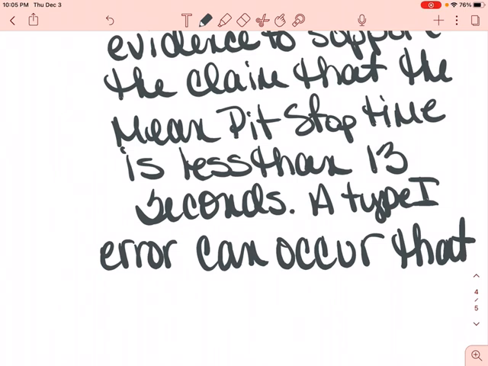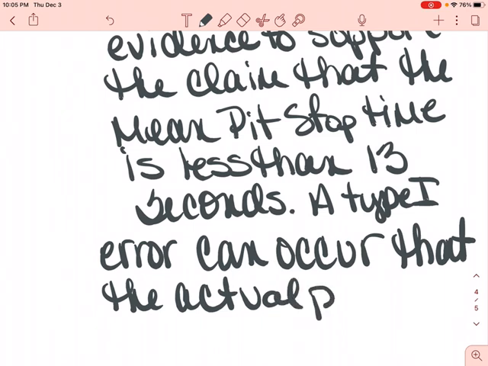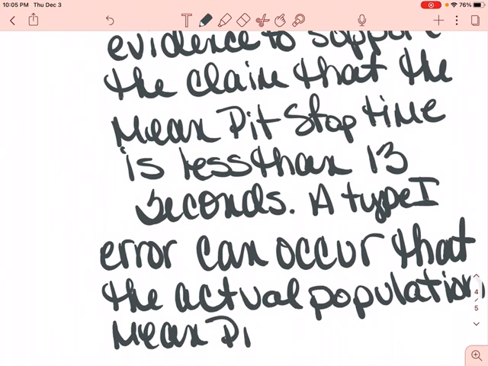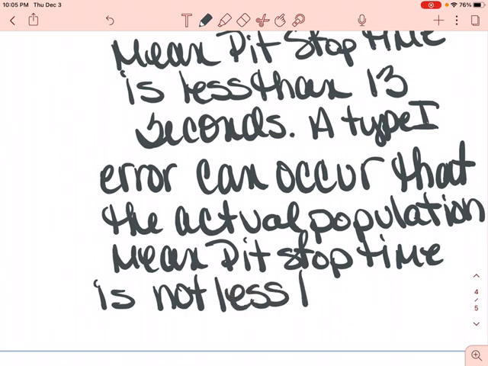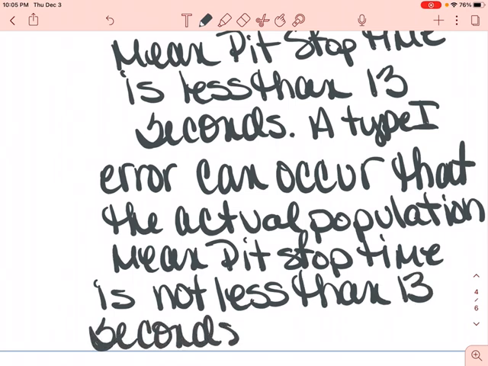That the actual population mean pit stop time is not less than 13 seconds, when we rejected H sub 0.